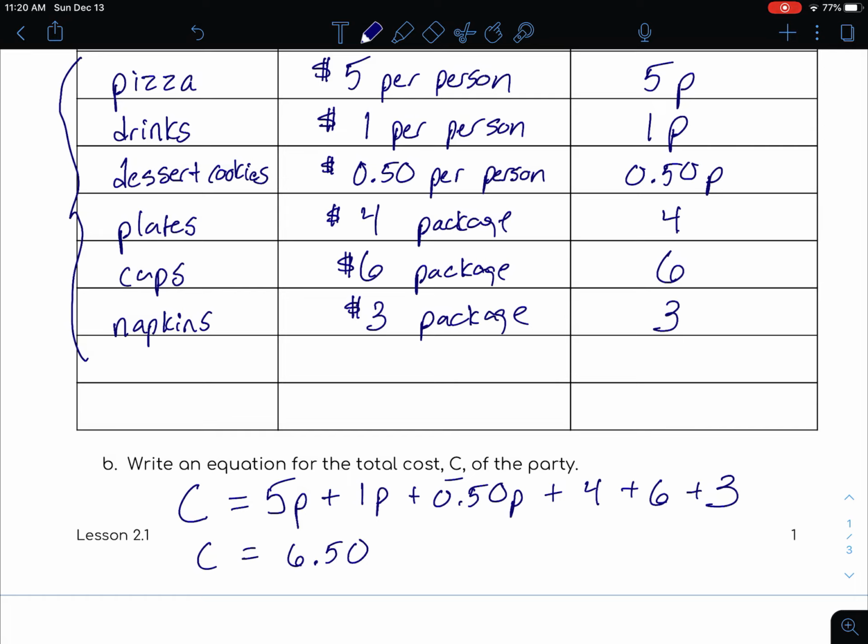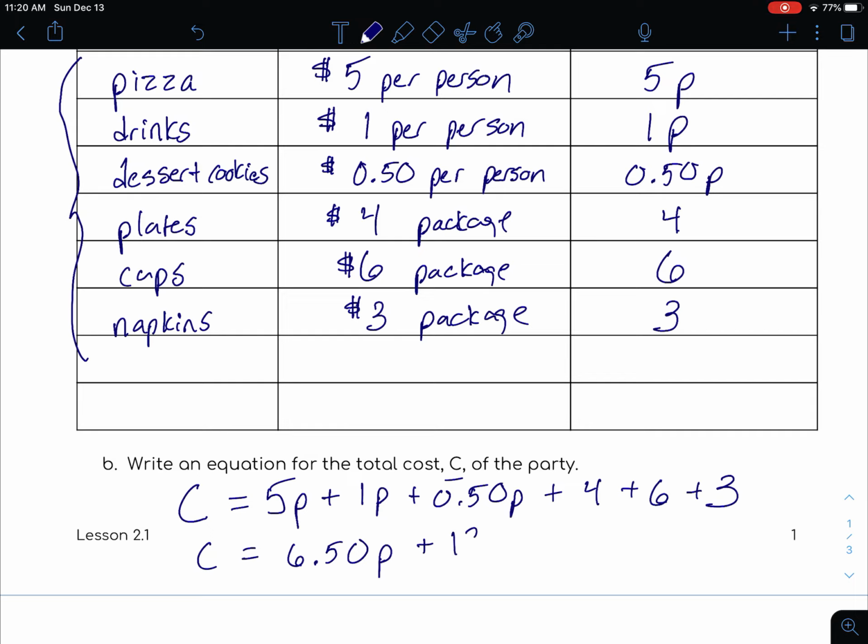And that's at least what we have right here. So that gives us a total of $6.50 per person if we combine our like terms here, 5p plus 1p plus 0.50p. So per person, 6.50p. And then we're going to add on the set costs.